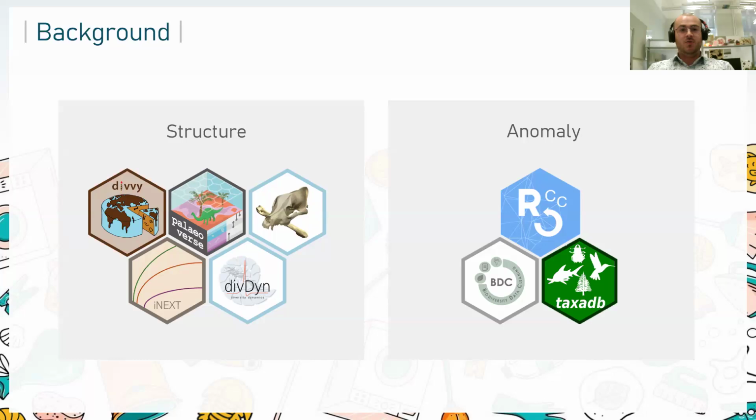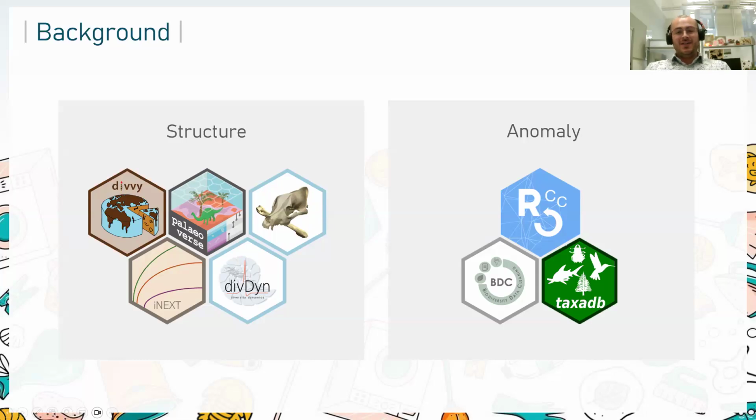Whether we want to divide our data up into different bins to start exploring its structure in terms of sampling or ecology, standardizing our samples to make them more objective, more usable for comparative analyses, or whether we're trying to infer broader patterns, whether that is diversity dynamics with DivDyn, sampling corrected diversity with iNEXT, or even taking things to more complex programs, again, like PyRate.